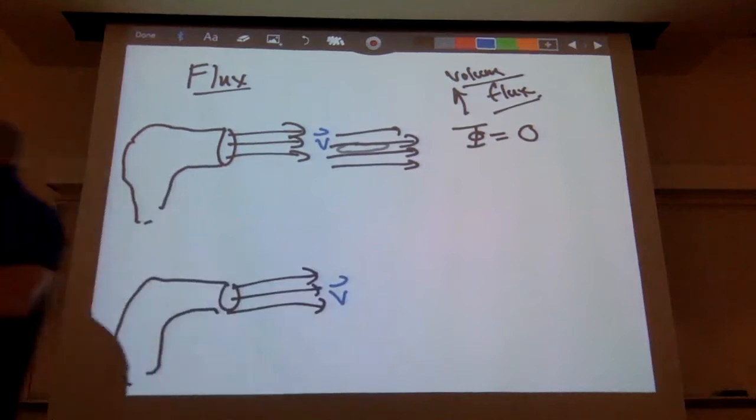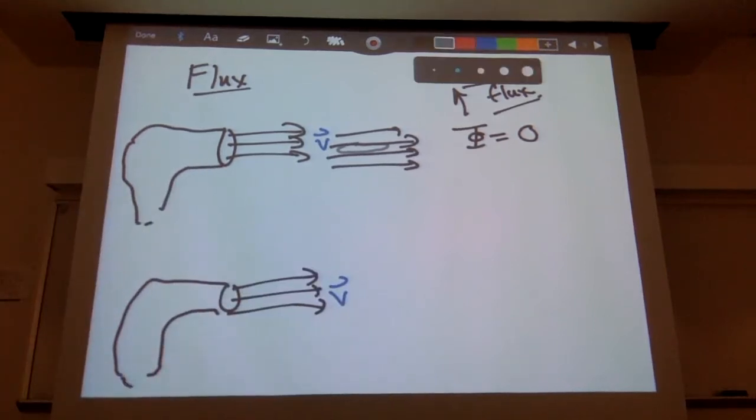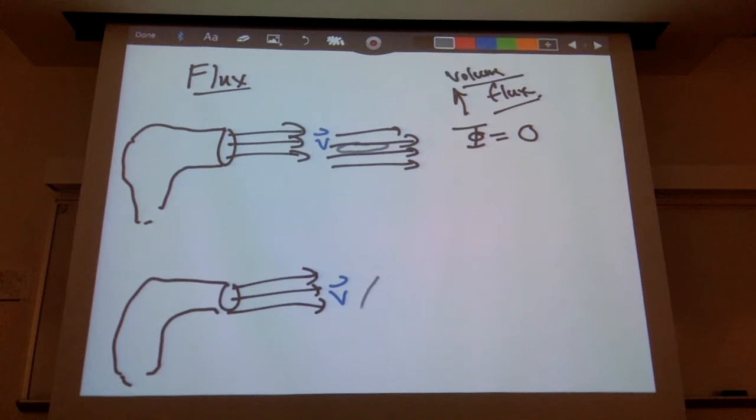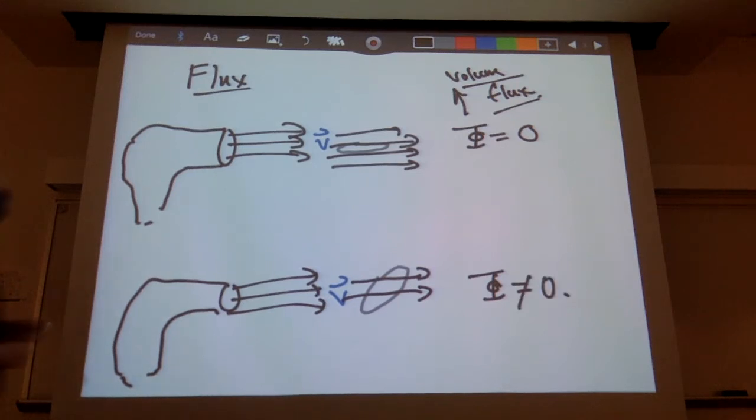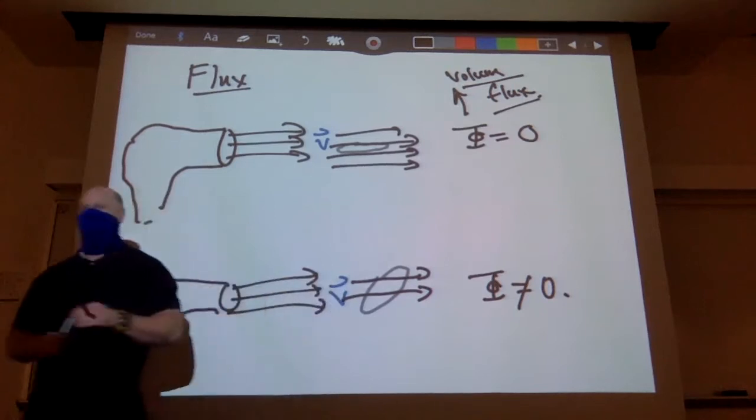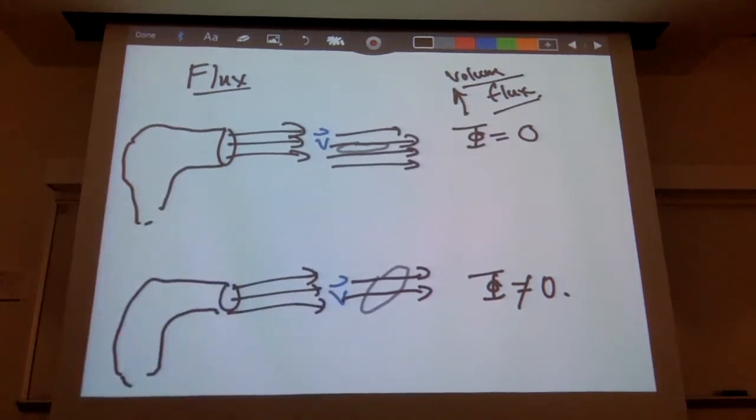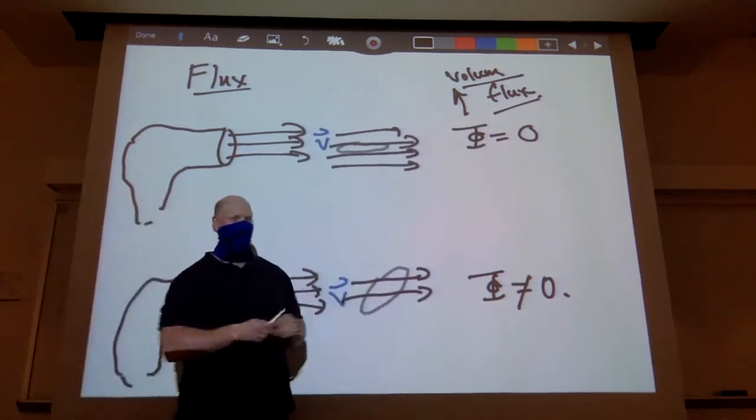Some of these velocity vectors are now passing through the wand itself. Which means I'm now blowing bubbles, which means the flux through the wand is not equal to 0. As I rotate this, the amount of velocity field lines which pass through the surface of this wand is no longer equal to 0.